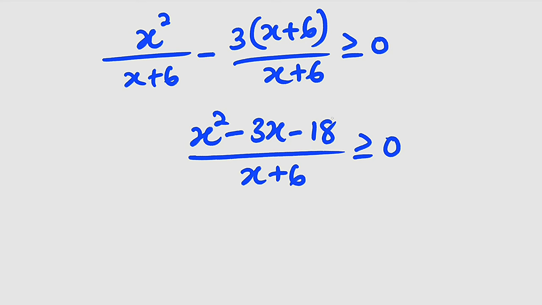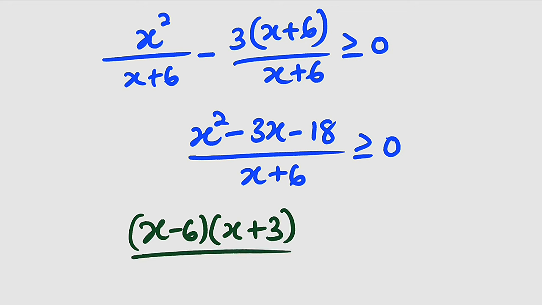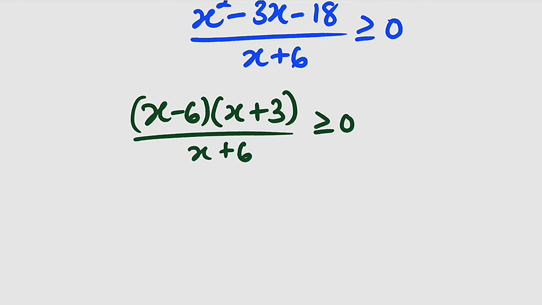Think of two numbers you can multiply to get -18, but when you add them together, you get -3. The numbers are -6 and +3. So the top becomes x minus 6 multiplied by x plus 3, divided by x plus 6. This is greater or equal to 0.